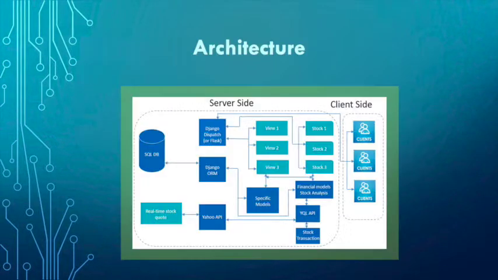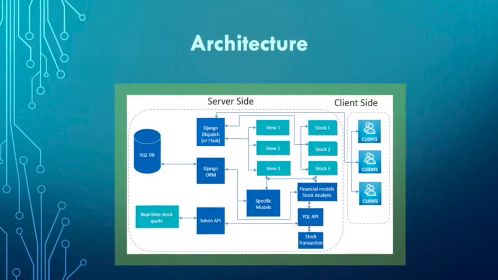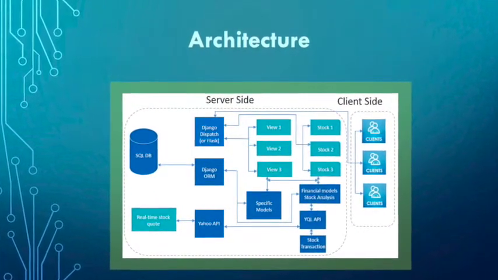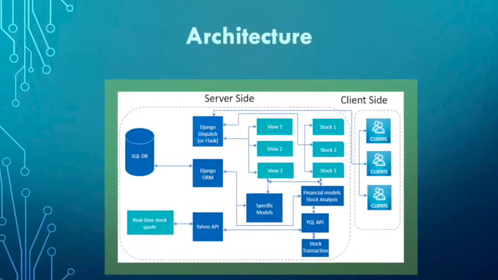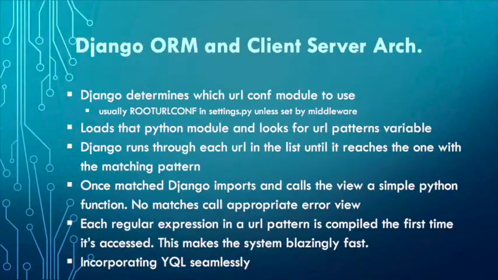Django uses a URL conf module in order to figure out where and what URLs should display. This is usually set in the root URL conf variable in the settings.py file, which sits at the root of the project. That will load the appropriate Python module.